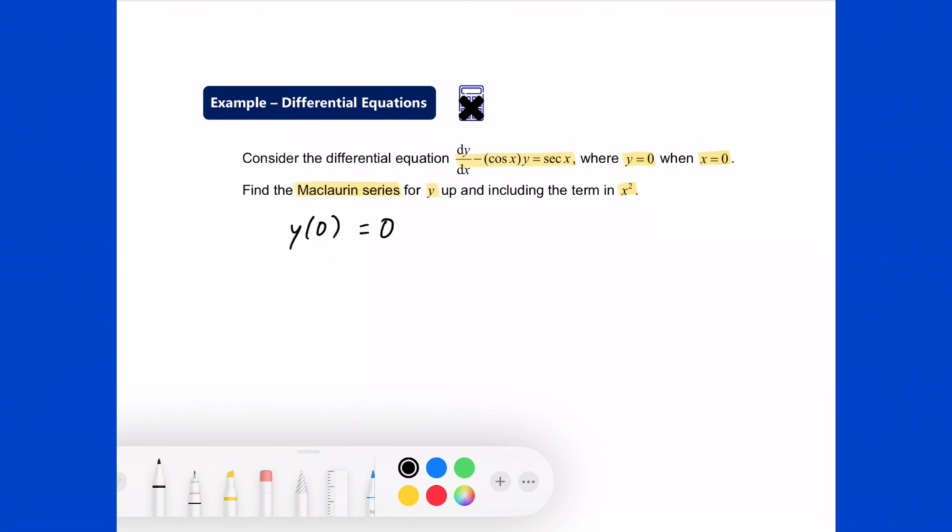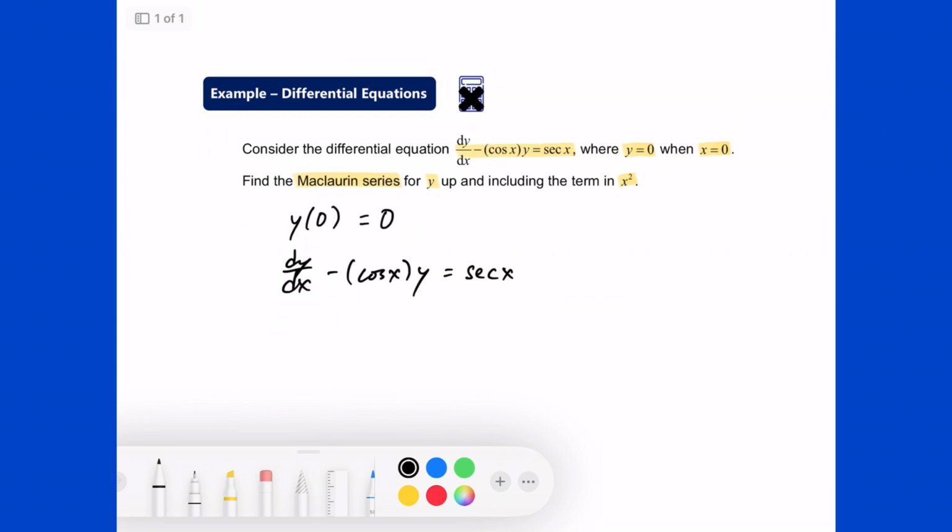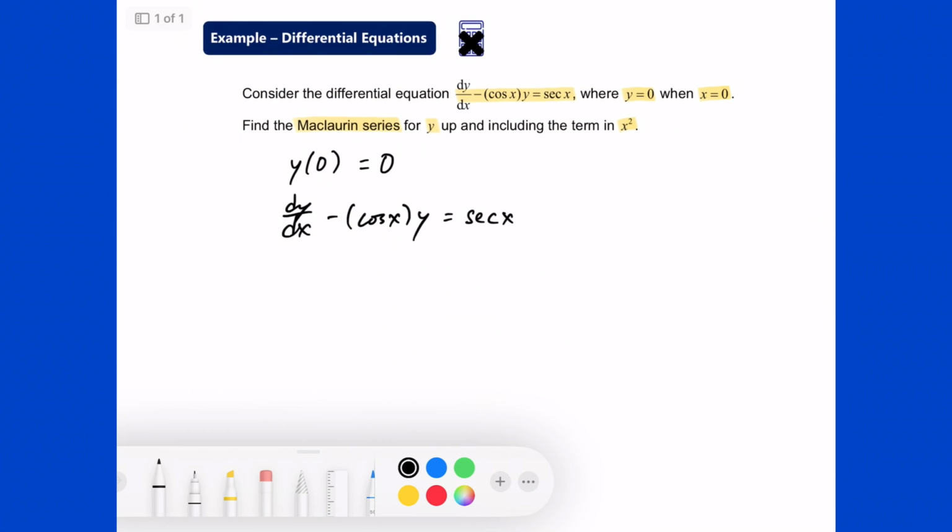So I'm going to start from the given differential equation, dy/dx minus (cos x) times y equals sec x. Then we try to make dy/dx the subject, such that dy/dx on the left hand side equals (cos x) times y plus sec x.